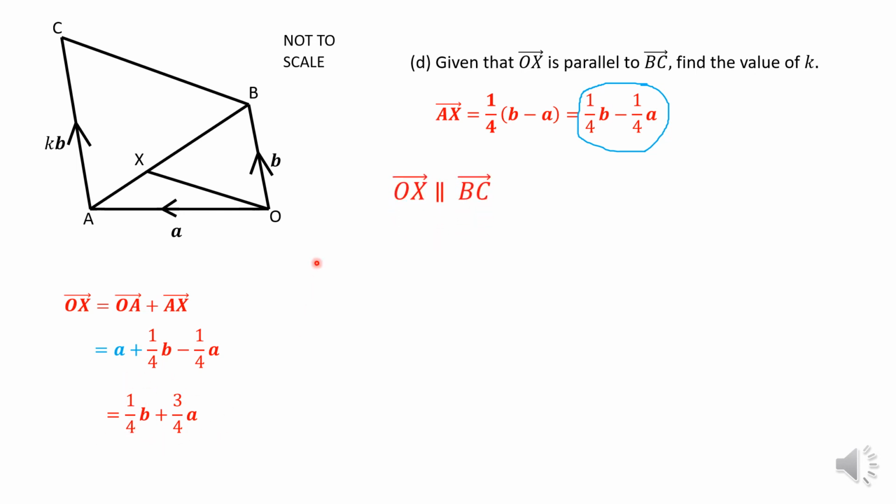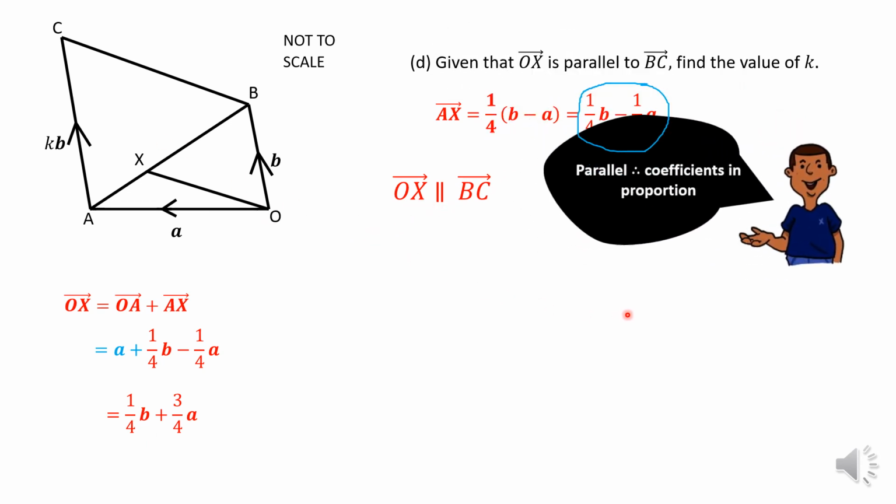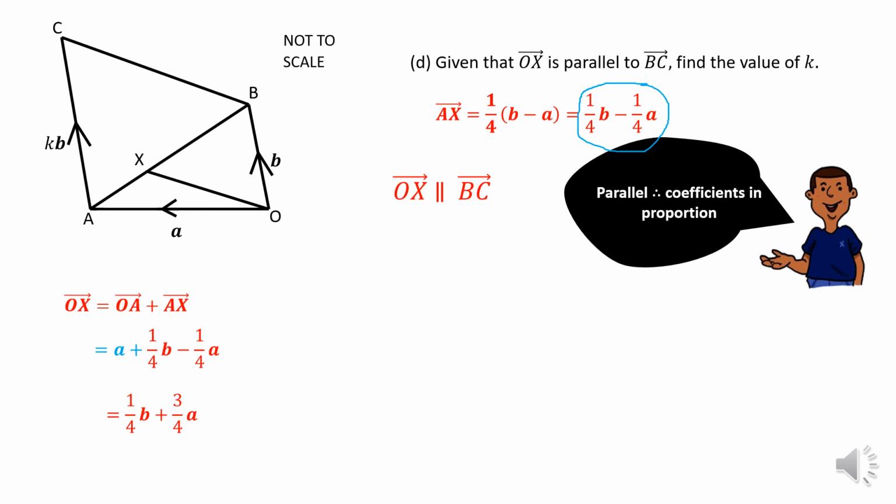But they are now saying that it's parallel to BC. When they're parallel to one another, it means that their coefficients are in proportion. So if their coefficients are in proportion, we should be able to find our missing K.